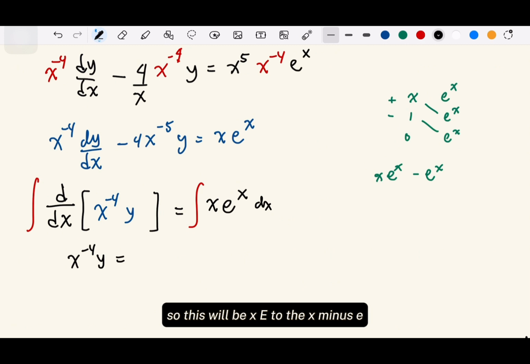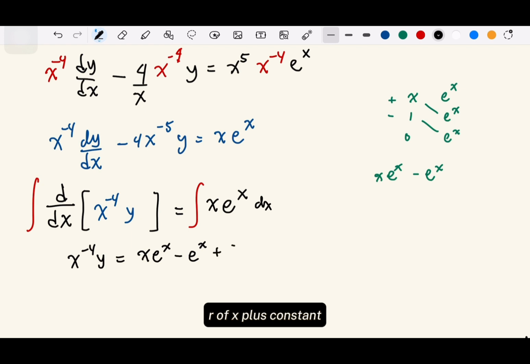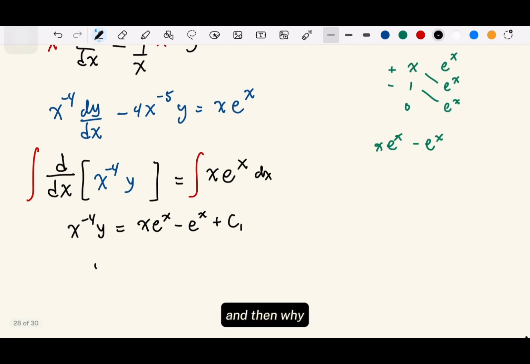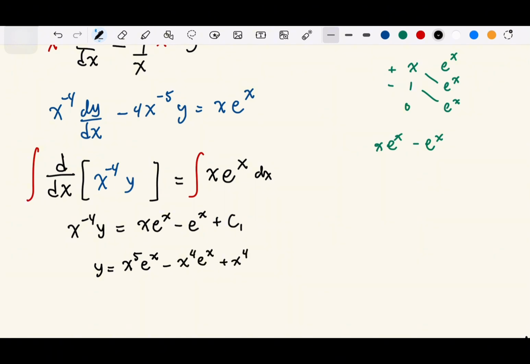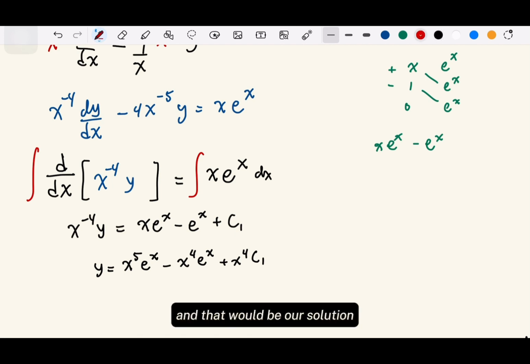So this will be x e to the x minus e power of x plus constant. Let's say constant 1. And then y is x to the 5. And that will be our solution.